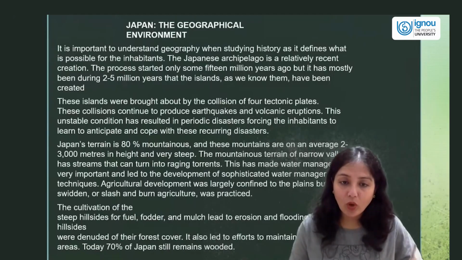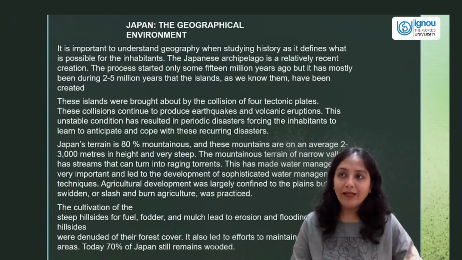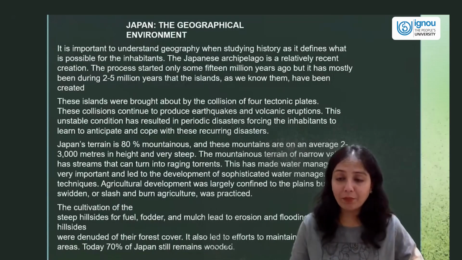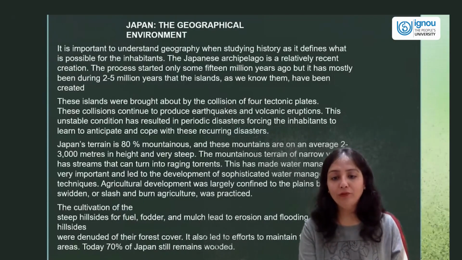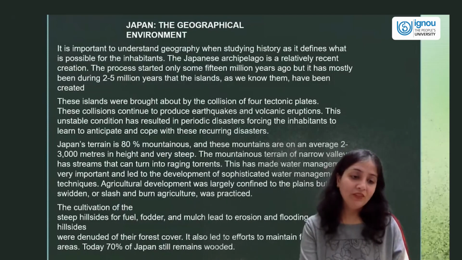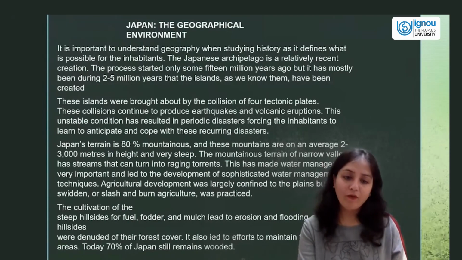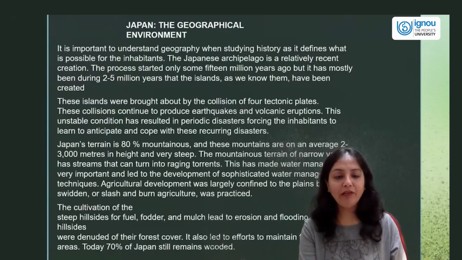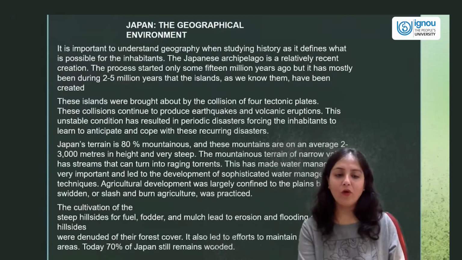You need to study about the water management that developed in Japan, and the very little agricultural land, near about 20% of that area. The cultivation of the steep hillsides for fuel, fodder, and mulch led to erosion and flooding as hillsides were denuded of their forest cover.